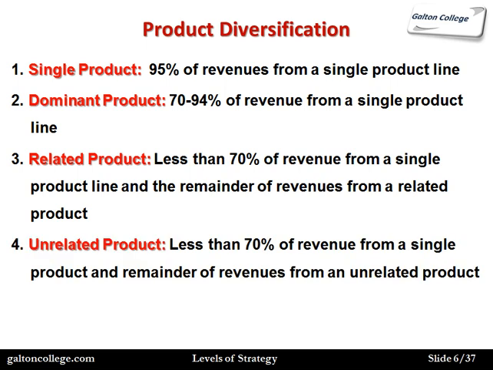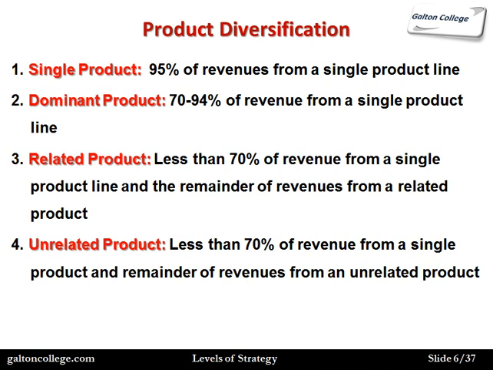Finally, unrelated products. Less than 70% of the revenue from a single product, but the remainder of the revenue coming from unrelated products. So the business is producing a variety of products, and they're not necessarily related. One of the products may be yielding a good return, but less than 70% of the revenue. We would say that's an unrelated product line.